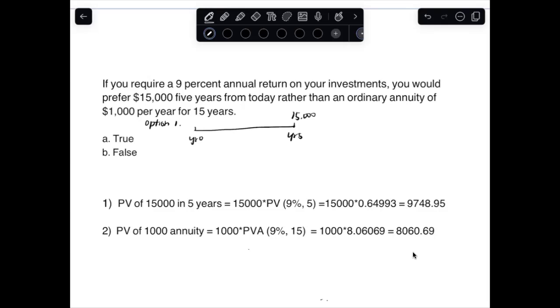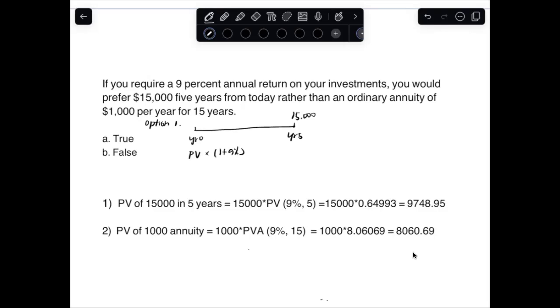The return is 9%. If you invest, the money today, PV, times 1 plus 9% is the money one year later.